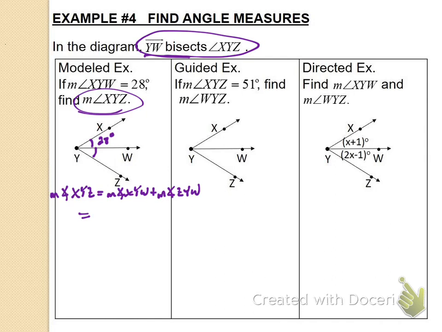Since that angle is 28 degrees, so is ZYW. So now we can fill in what we know: 28 plus 28, which is 56 degrees, using the idea that those two pieces are congruent.